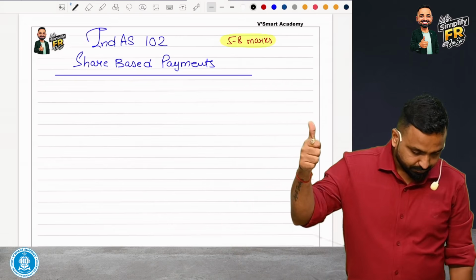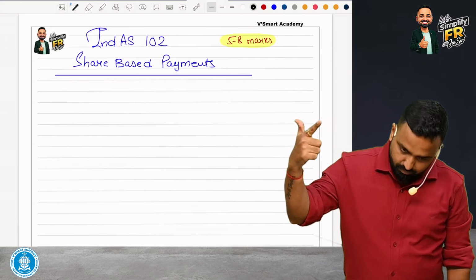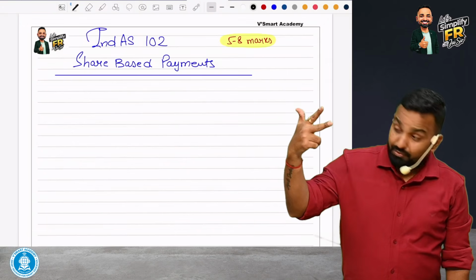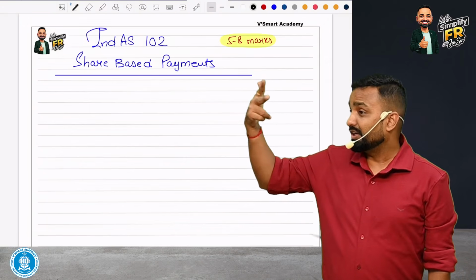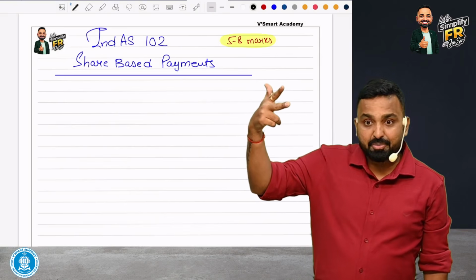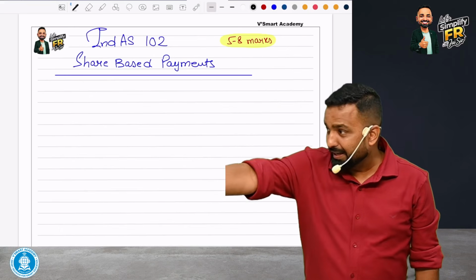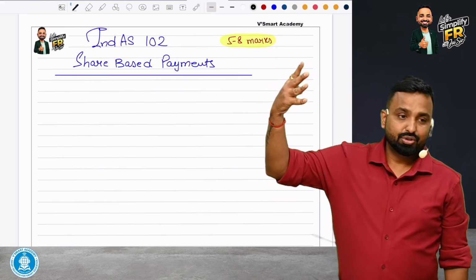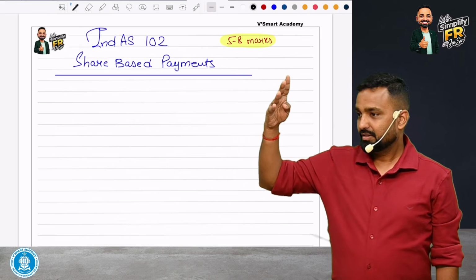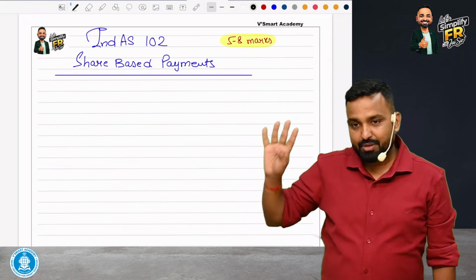First, grant date. Second, vesting condition. Third, vesting date. When you will be eligible. On vesting date you will be eligible. Fourth, vesting period.